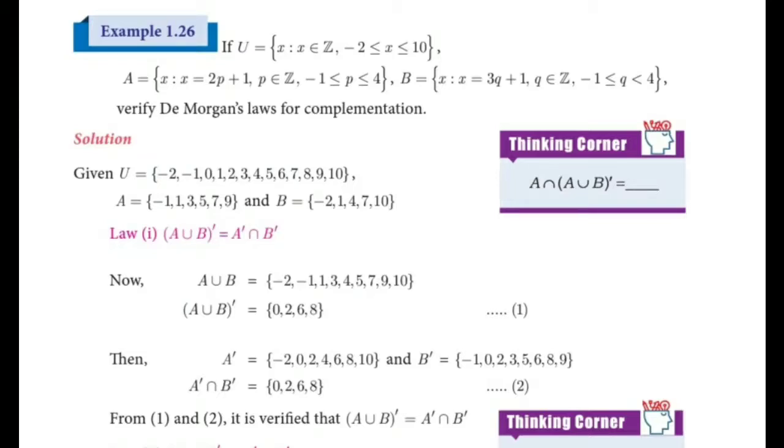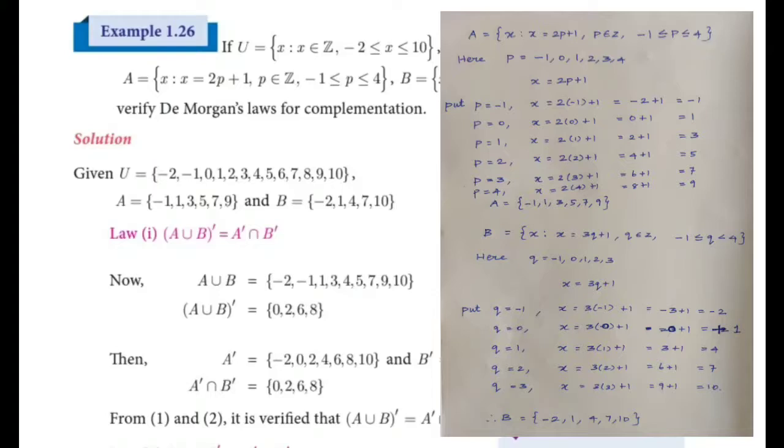Set A = {x : x = 2p + 1, p ∈ Z, -1 ≤ p ≤ 4}. Here p = -1, 0, 1, 2, 3, 4. The given set is in set builder form, so we convert set builder form into roster form.